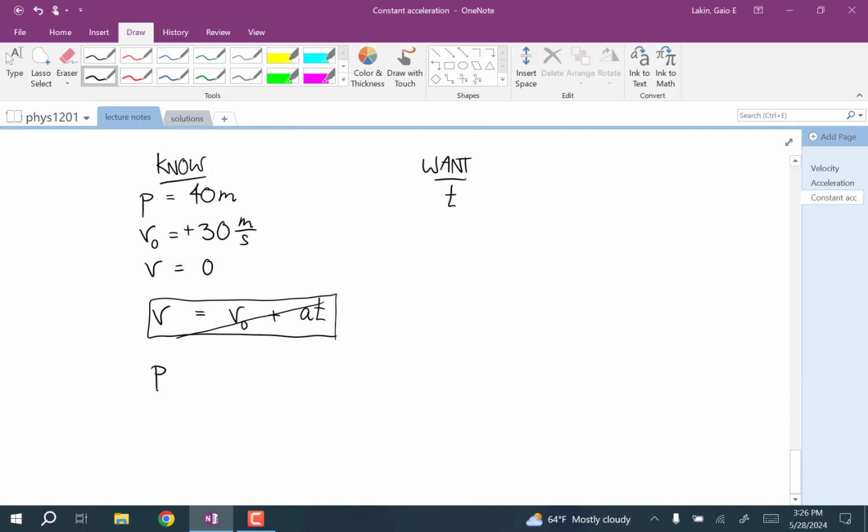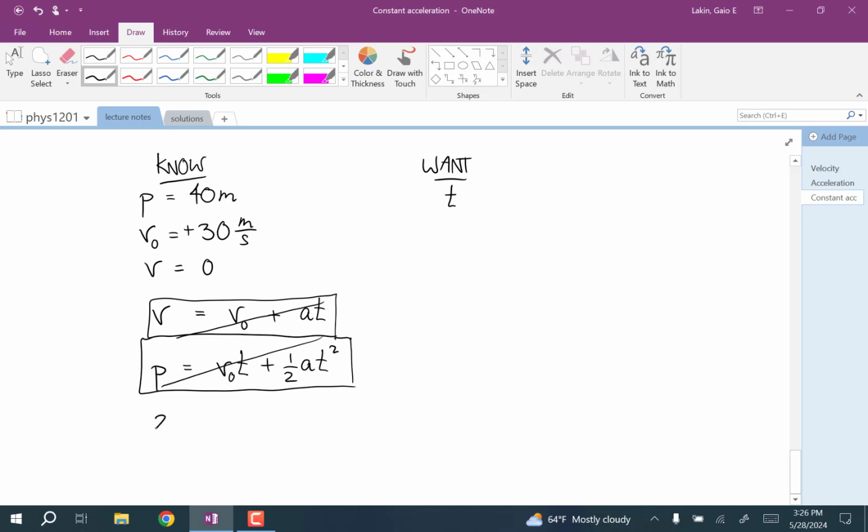The second equation, p is equal to v sub 0 t plus 1/2 a t squared. Is this one going to work? It has t, but the problem is, again, this equation has a in it. We don't know what that is, so we can't use this one.